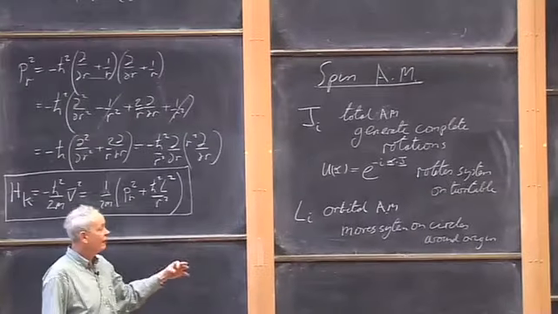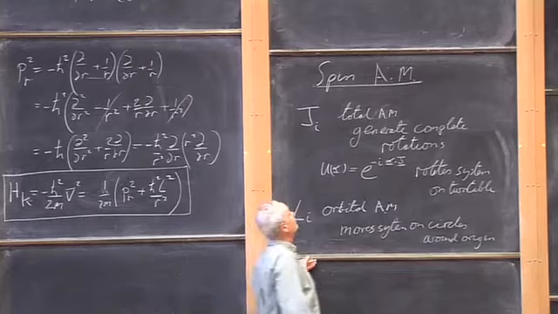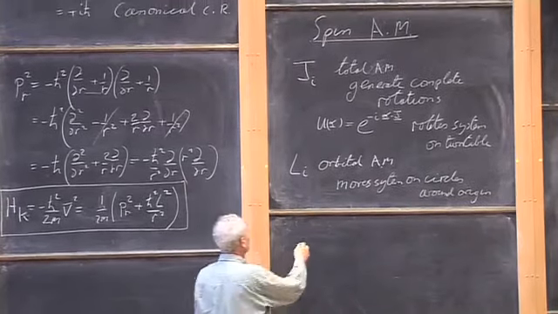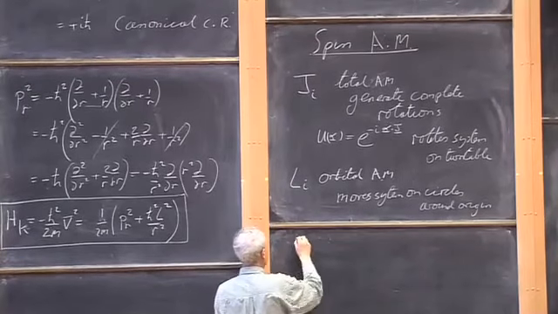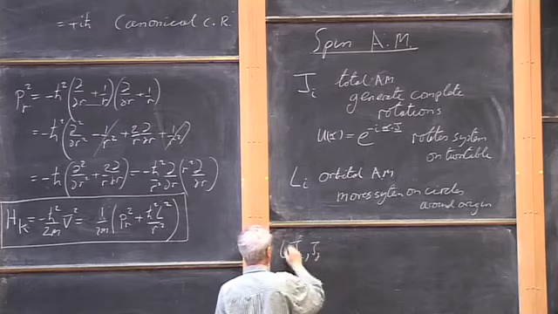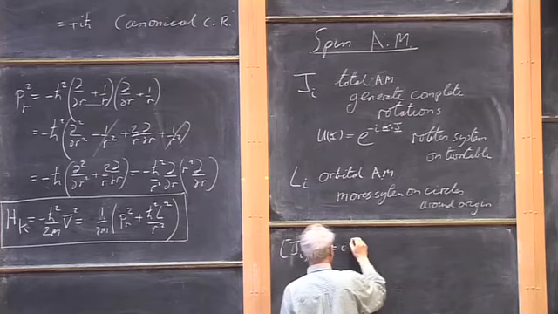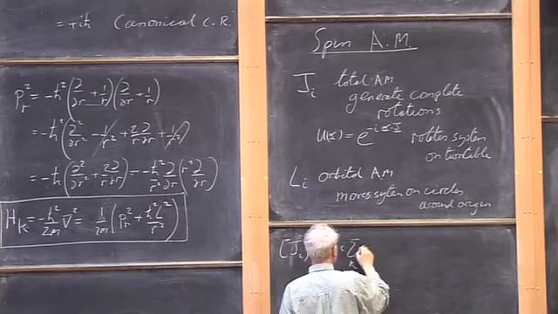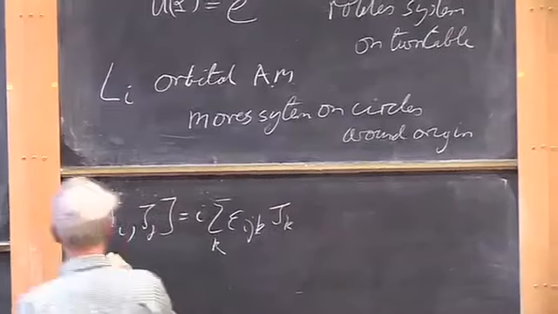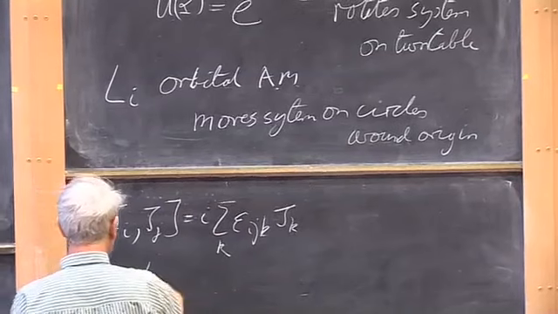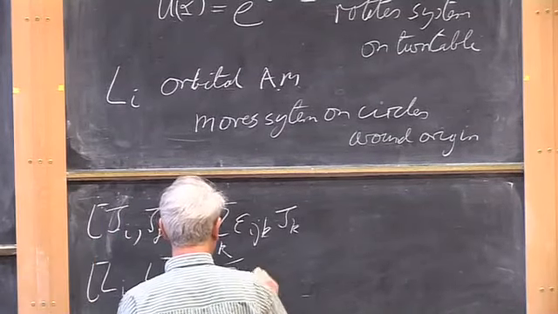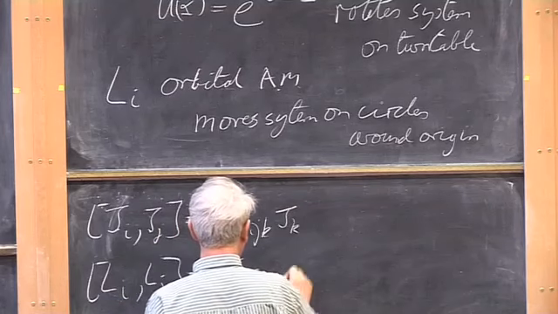It leaves its orientation fixed. And we found the commutation relations here. We found that Ji, Jj is equal to i sum over k epsilon ijk Jk, and it was also true that Li, Lj was equal to i summed over k epsilon ijk Lk.